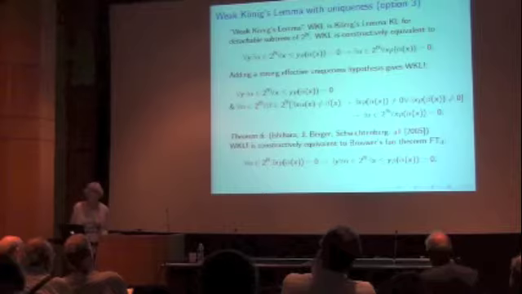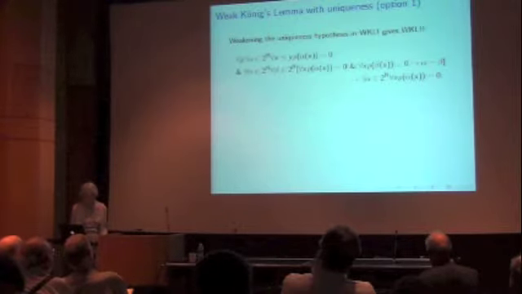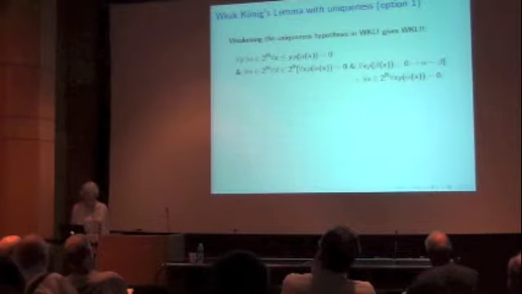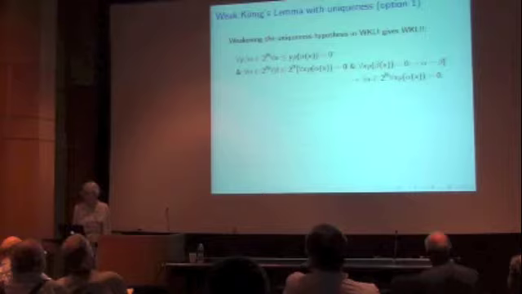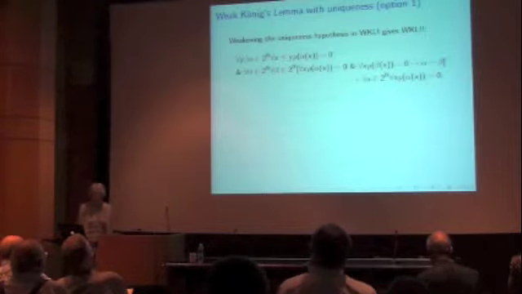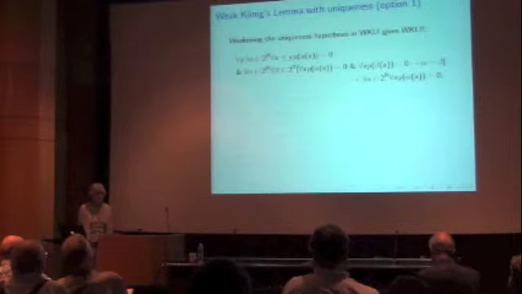So maybe if we use a different option, we won't get anything new. So let's use option 1 instead and see what we get. Let's call that WKL W-unique. So the uniqueness hypothesis here is that if alpha and beta are 2 infinite paths, then they're the same. Okay?